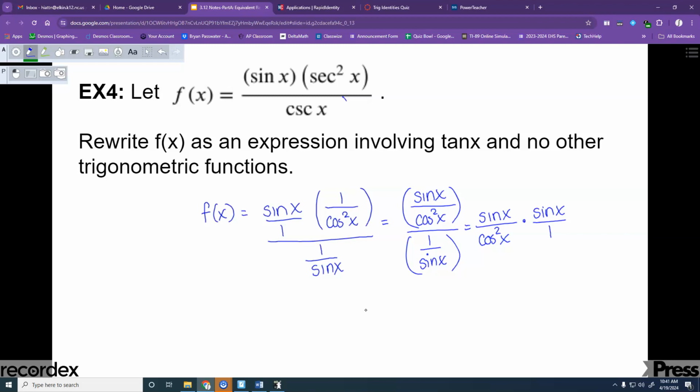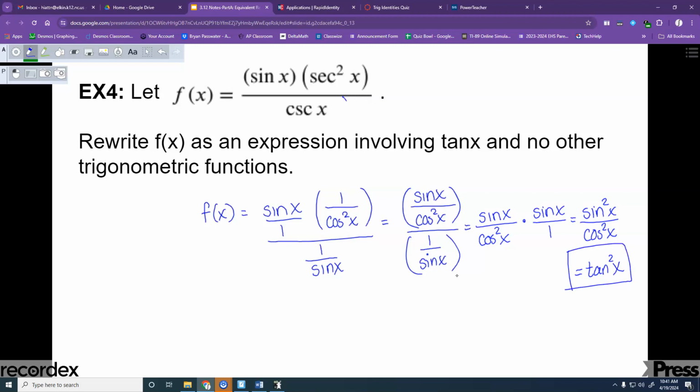And when I multiply those together, what will I get? Sine squared x over cosine squared. Okay. Are you starting to feel good about this? Because what is sine squared x over cosine squared x? It is tangent squared x. And now we only have tangent, so that is our answer.